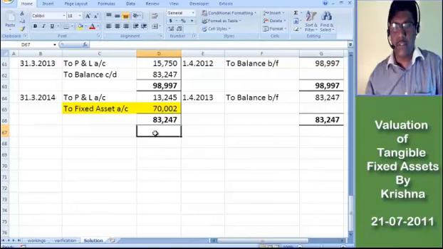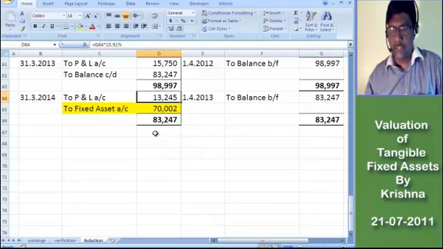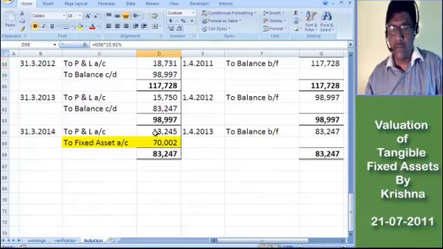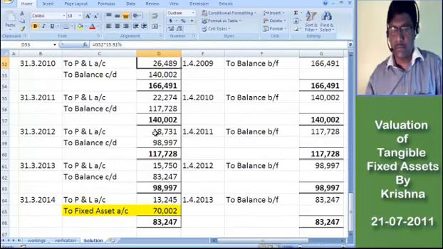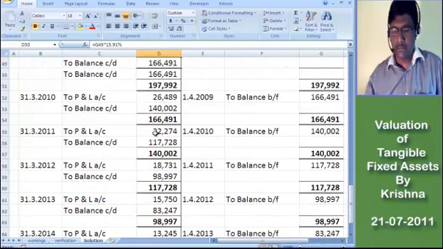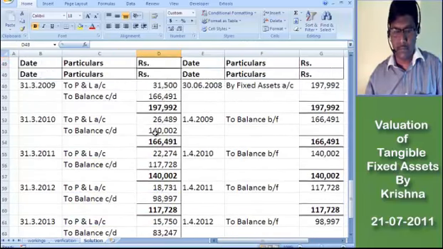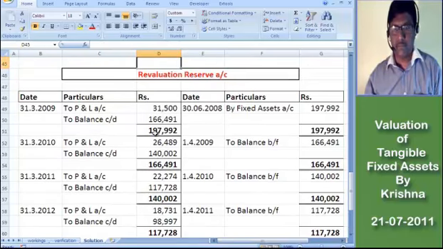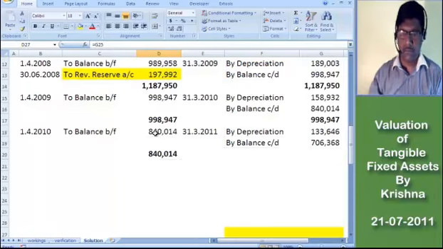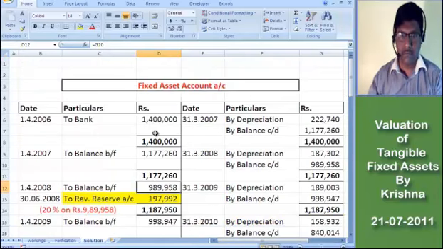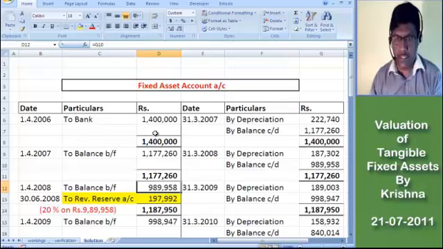So once again I will show the solution from the beginning. You can take note of this. So fixed asset account, please take note down.